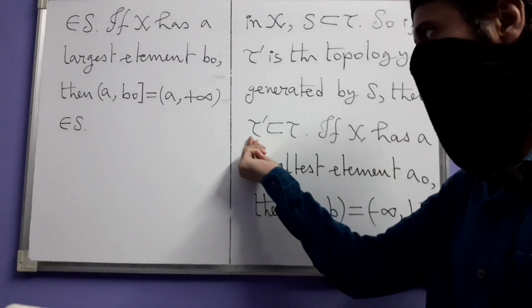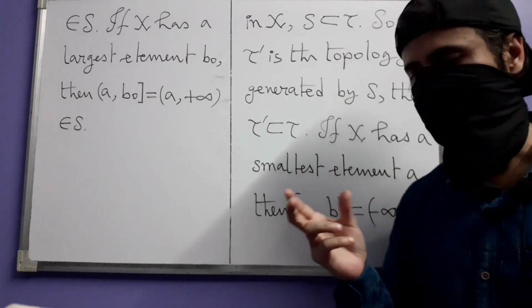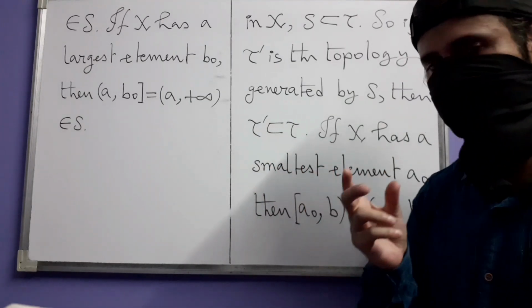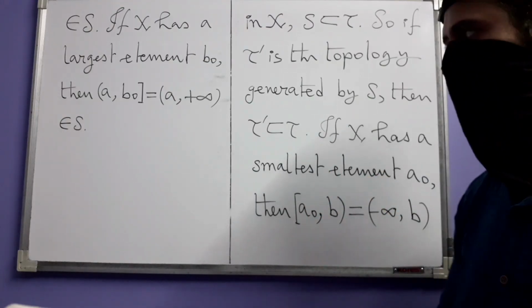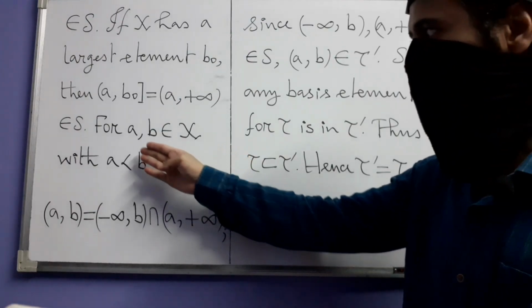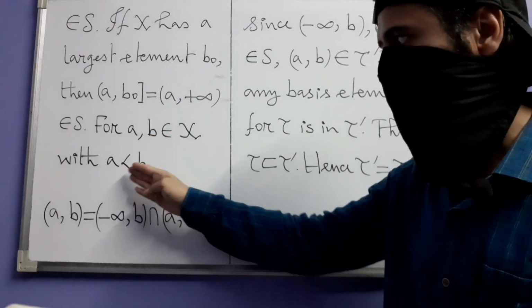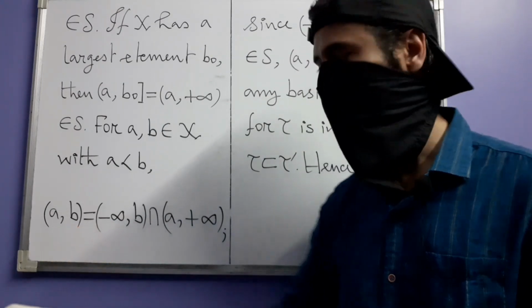So we have shown that these two types of basis elements for the order topology, if they exist, are inside tau prime. Alright, and now we are going to consider the easy type of basis element, which is an ordinary open interval. To consider an ordinary open interval in X, we take two elements a and b in X such that a is less than b, and then we consider this (a, b).